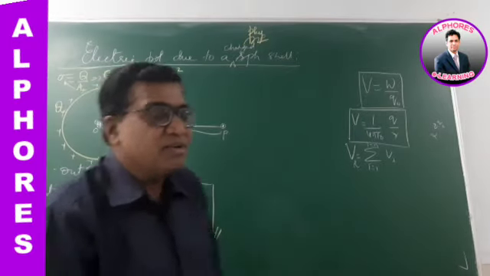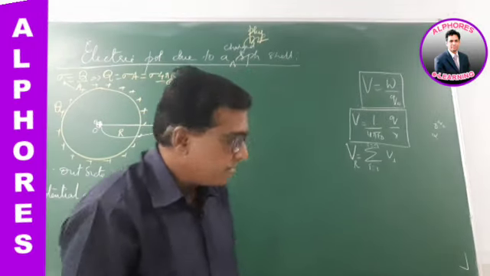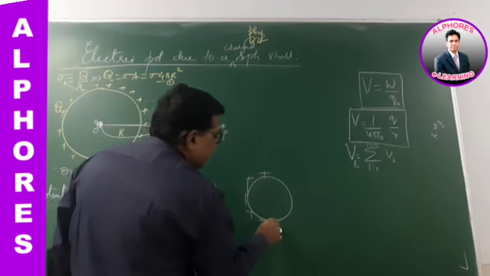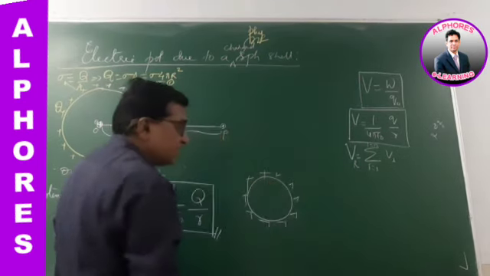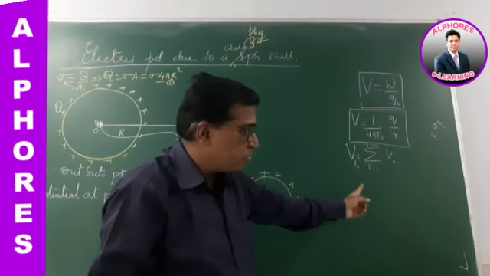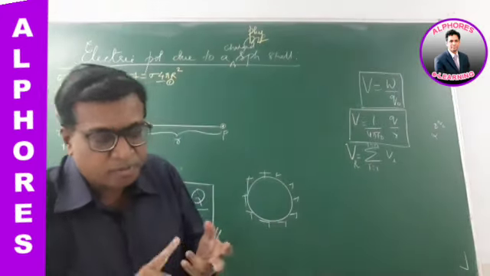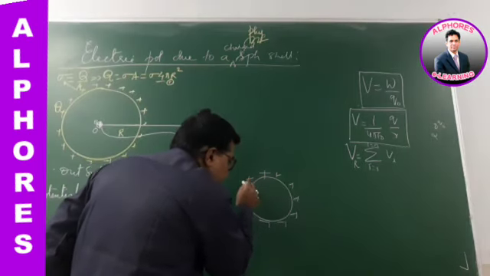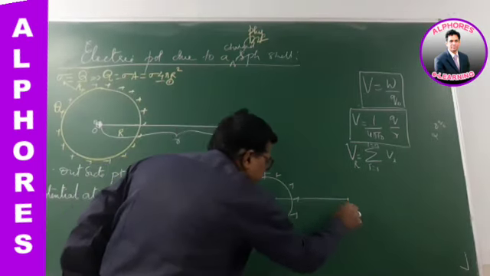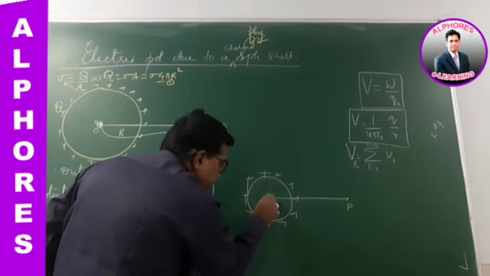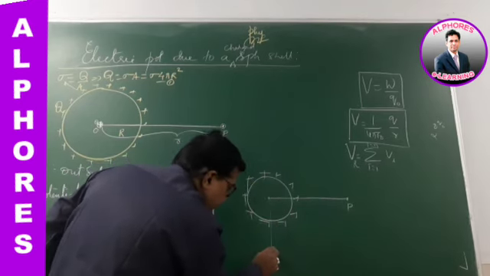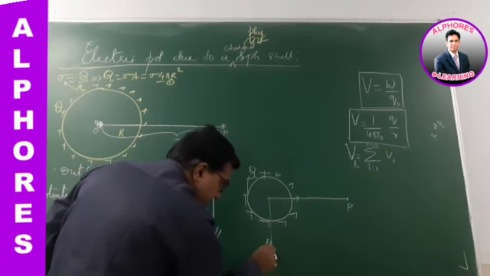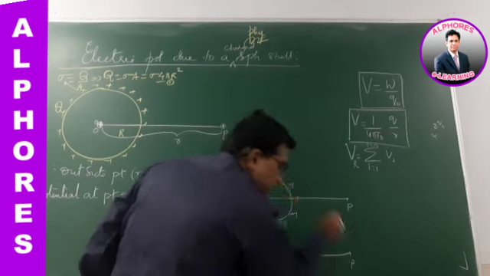Now, according to the shell theorem, when I consider a charged sphere, then with respect to an outside point, whether calculating the force, field or potential, the charge behaves as if all of it is concentrated at one point.